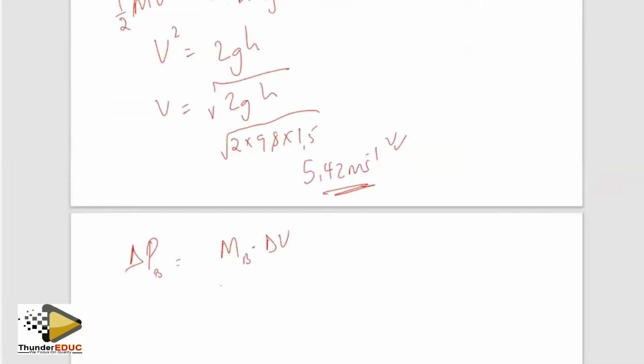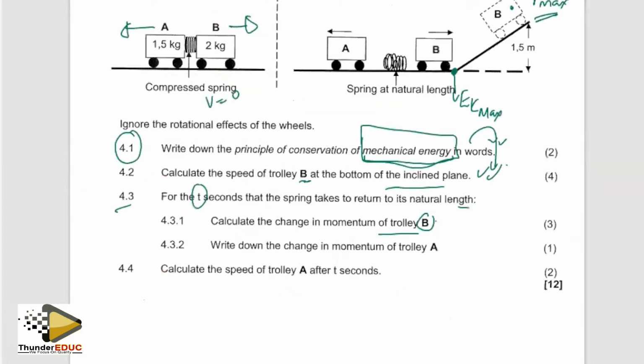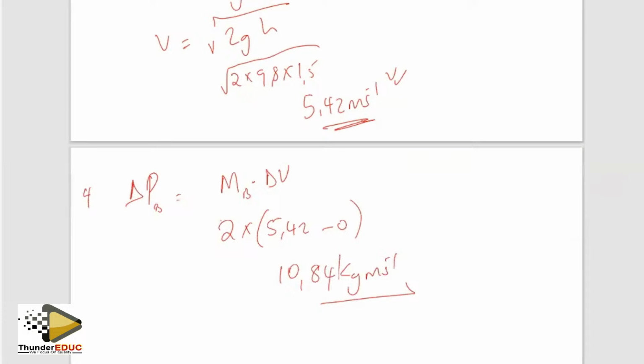So that is 2 multiplied by the 5,42 minus the initial velocity, which was 0. So that's just 2 multiplied by 5,42. That gives me 10,84 kilogram meters per second. So that is 4.3.1.